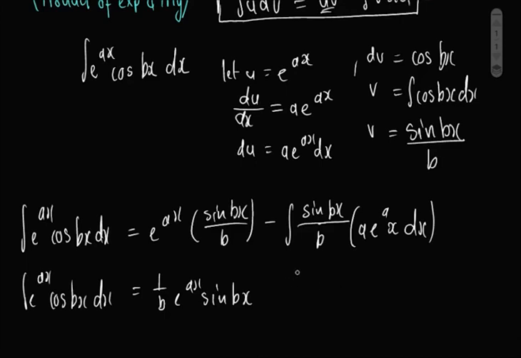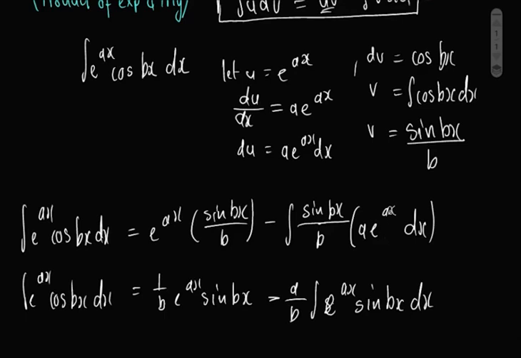And then I can take out the constants: minus a over b times the integral of e to the ax sine bx with respect to x.